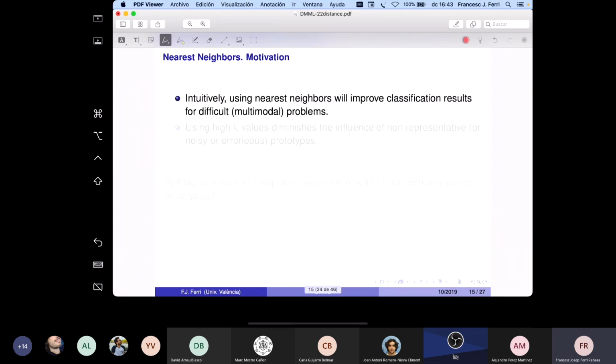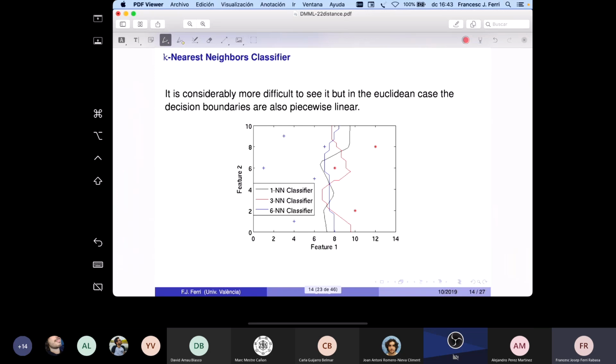Well, this is a quite poor plot, because this plot should be, okay, this is a set of points. I think this is the first neighbor.